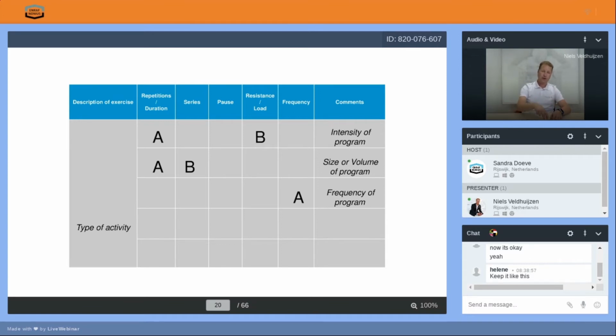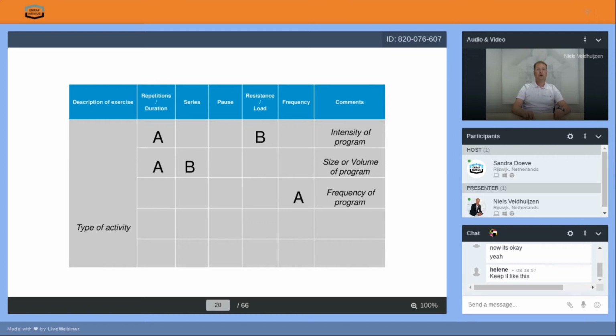There are the pauses between the series. The fifth one is the one for resistance and load. And the sixth one is the training frequency, how often per week or per day they should perform the exercises. So when you multiply the numbers of the repetition duration and the resistance of load, you get an idea about the intensity of your program.